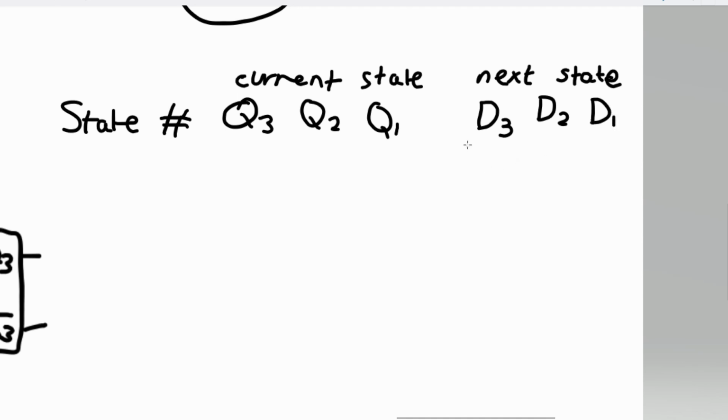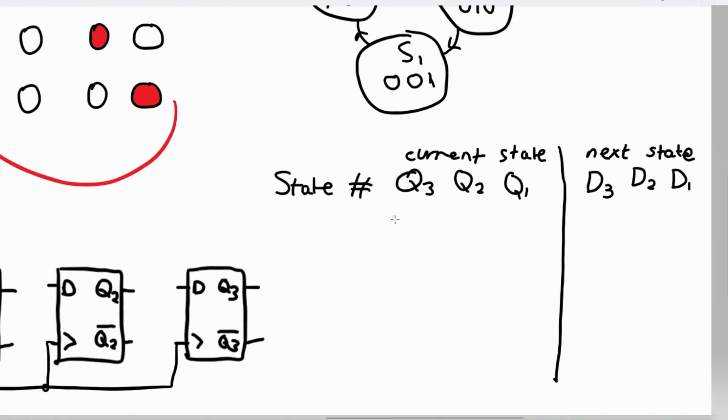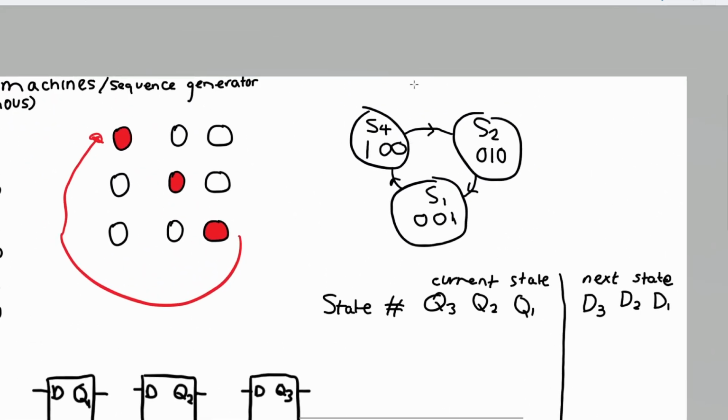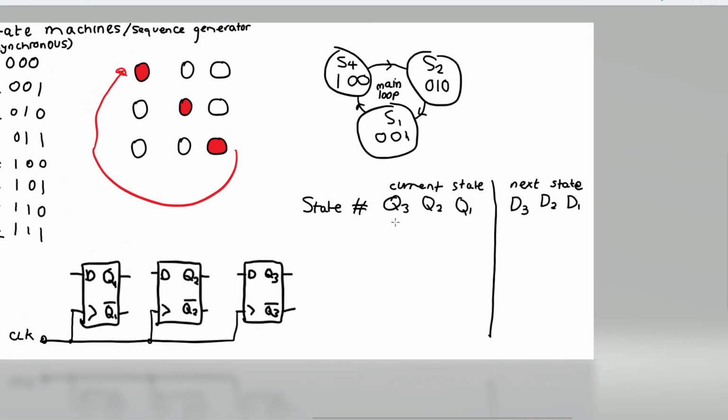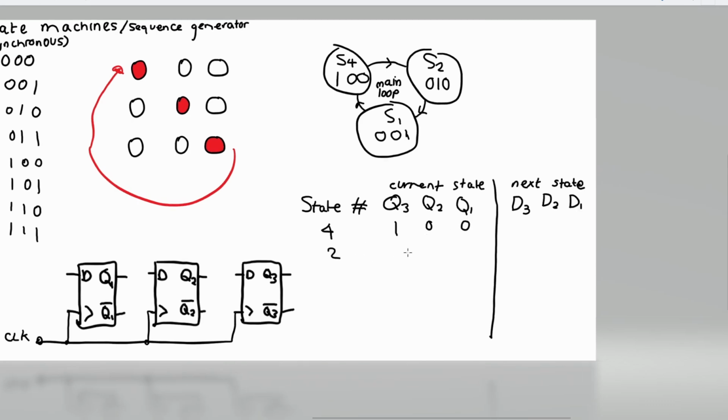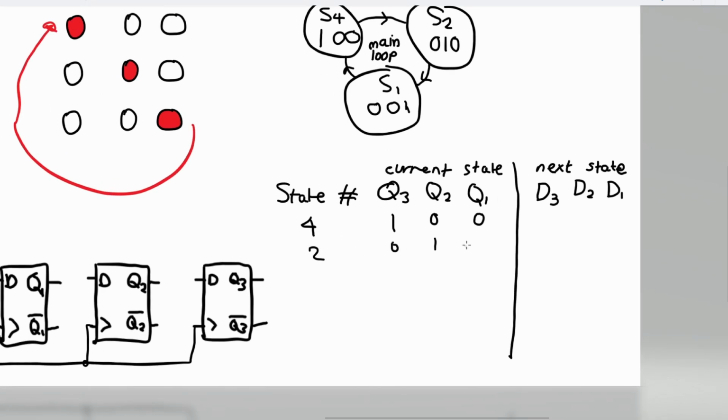So now I'm going to put all of the ones that we want. This is our main loop. So we've got 1 0 0, 0 1 0, and 0 0 1.